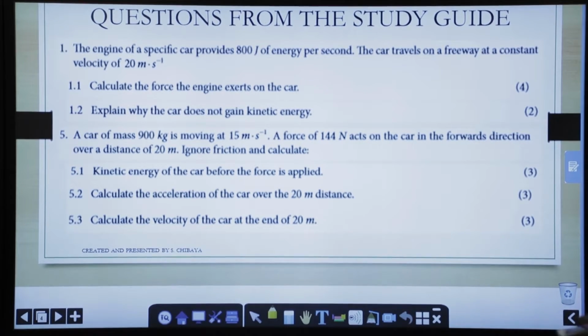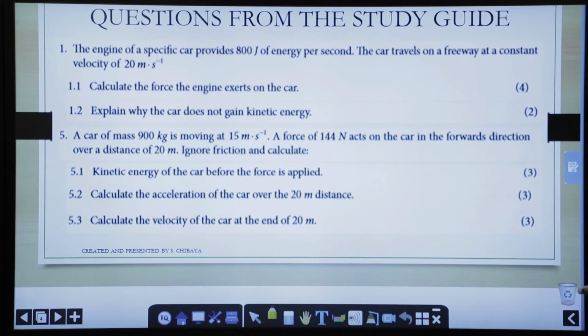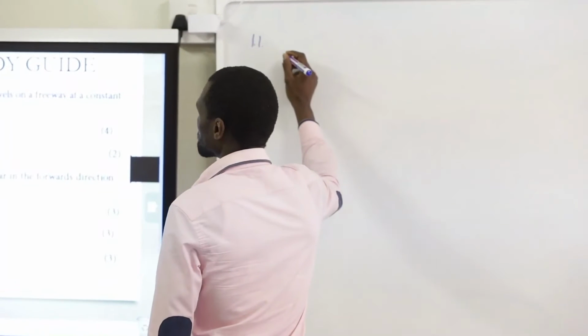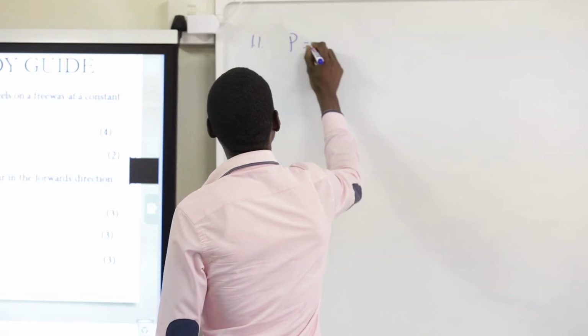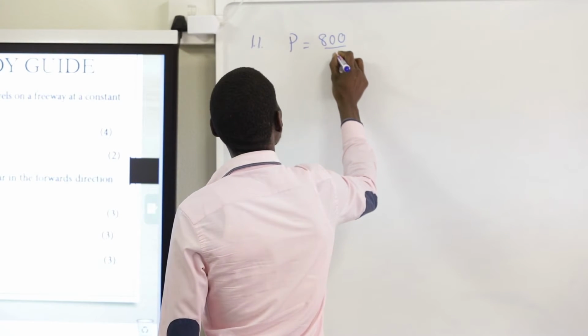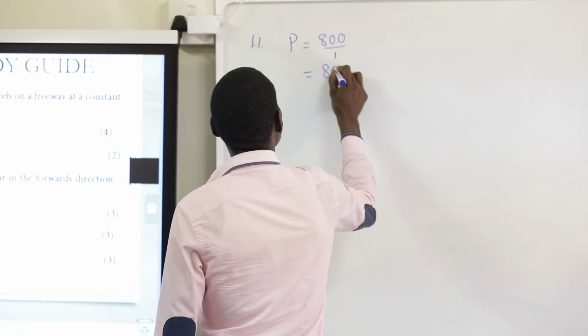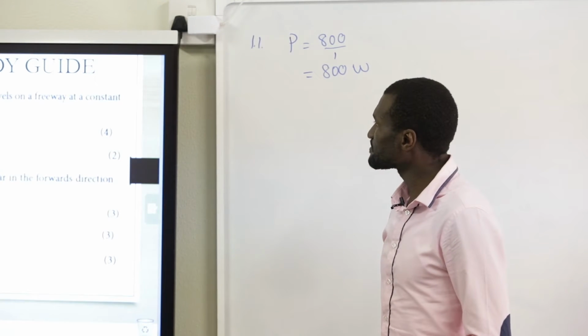We can think of it in terms of power. If this engine has got an energy of 800 joules per second, it means that the power output is 800 watts.